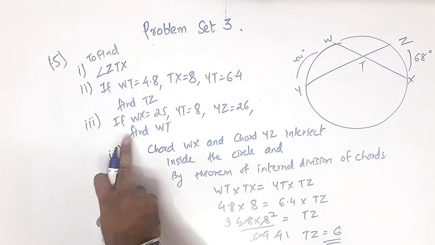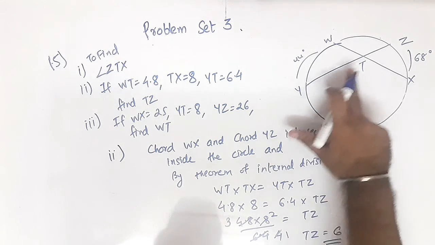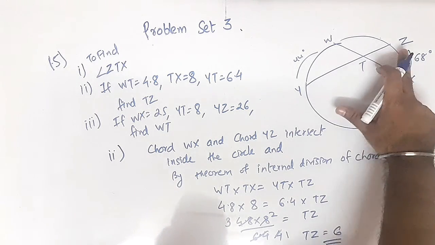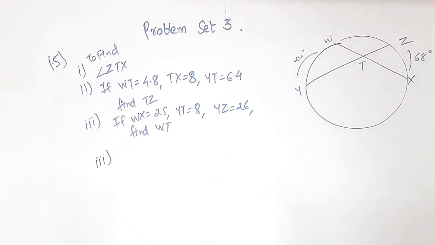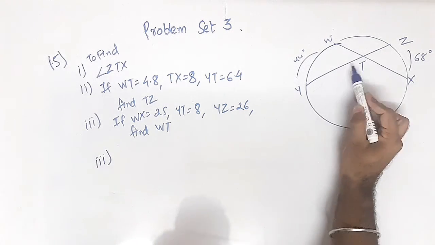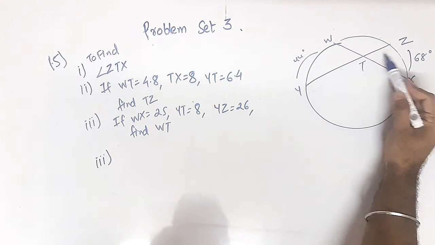Let us move on to the third one. WX is 25, YT is 8, YZ is 26, and find WT. Very simple. When you know YT and you know YZ, finding TZ is very easy.